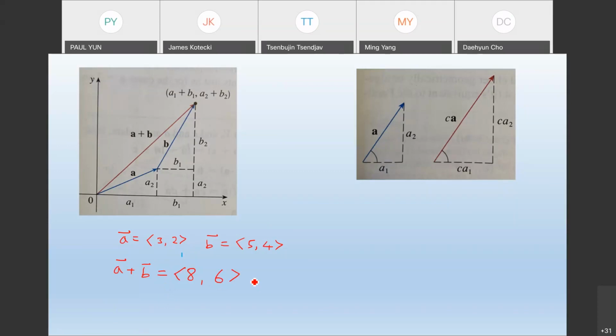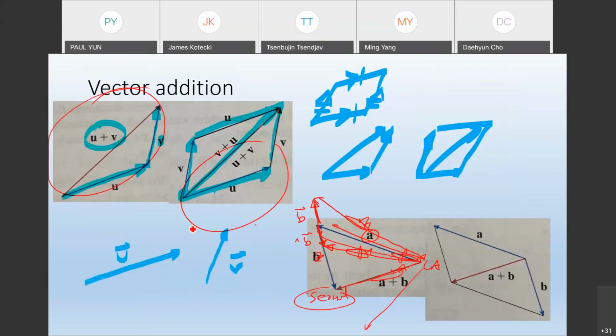But you think it seems a bit too easy to say. So, really? Does it really work that way? I know what you did. You did 3 plus 5, right? 2 plus 4. Sounds so easy, right? But you may wonder, hey, is that really right? I mean, is it really a consistent way of adding vectors like this? Are they really consistent?